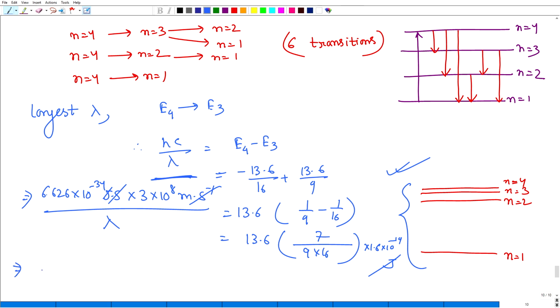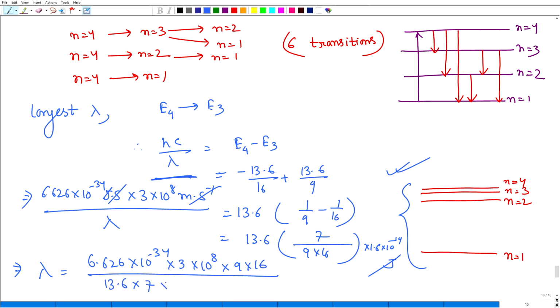So I am writing lambda is 6.626 into 10 to the power minus 34 into 3 into 10 to the power 8 into 9 into 16 divided by 13.6 into 7 into 1.6 into 10 to the power minus 19 meter. So this will be the lambda.